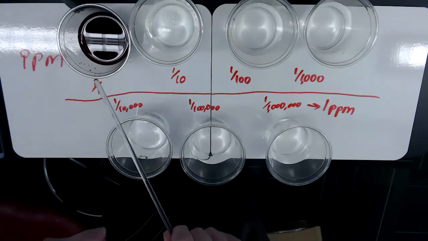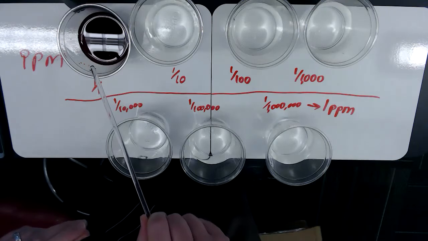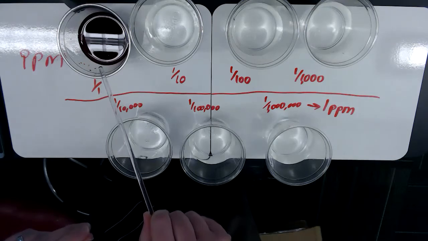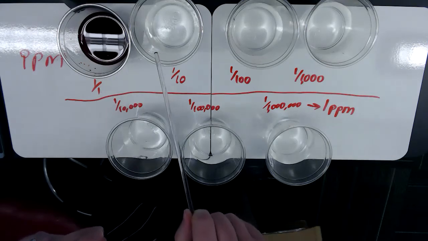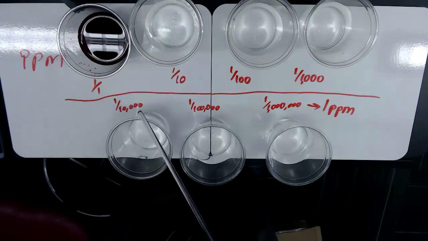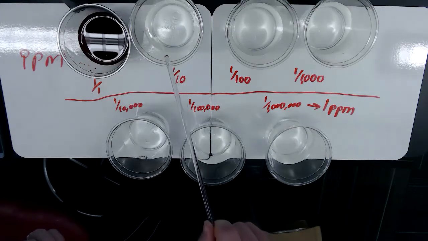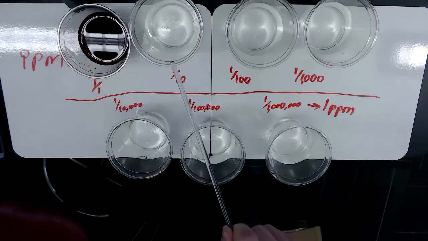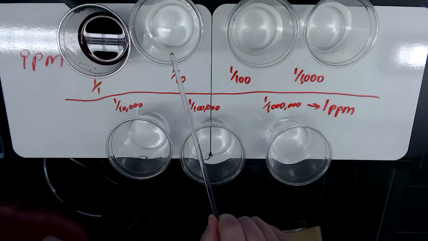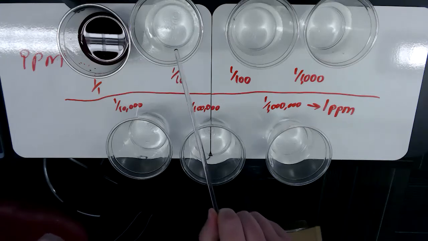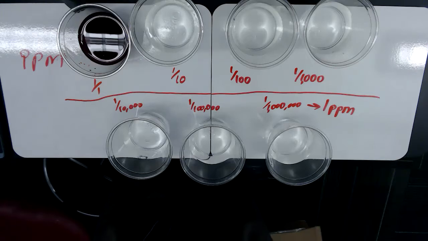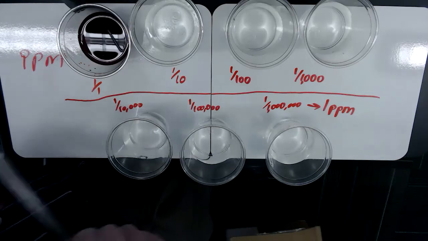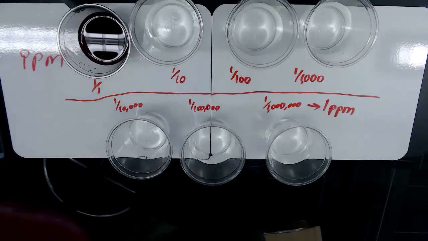What I'm going to do is measure 10 milliliters of this cup and pour it into here. When I do that, that's called a serial dilution, and that will be 1 part per 10. Then I'll take 10 milliliters from this cup and pour it into here, and that'll be 1 part per 100, and then so on and so forth down the line.